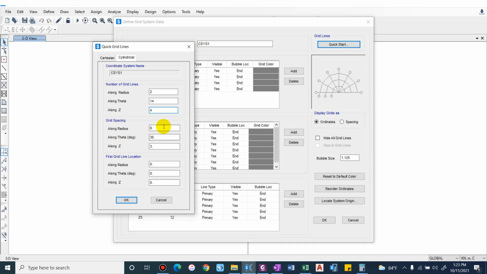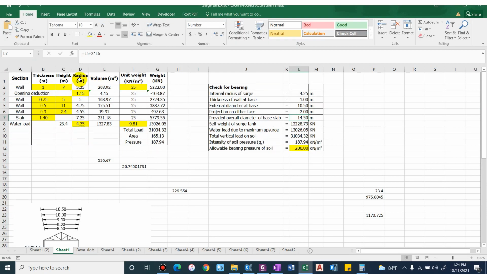Grid spacing along radius: internal radius is 4.25 and external radius at base of wall is 5.25, so we'll take the average because we consider center to center dimension for the structural modeling.